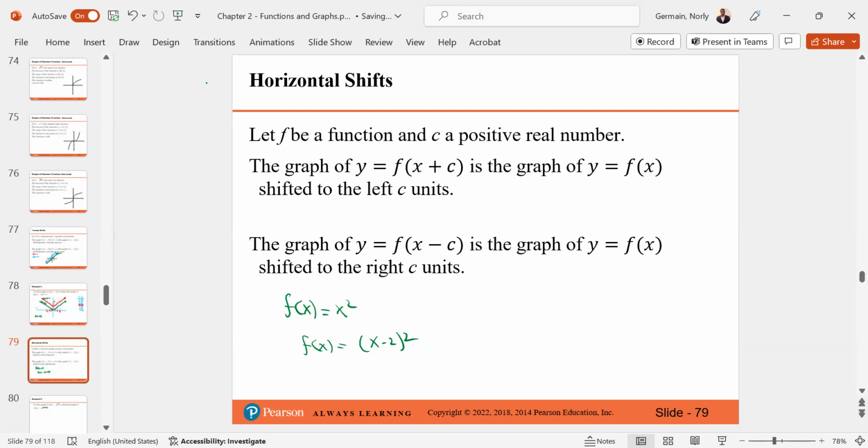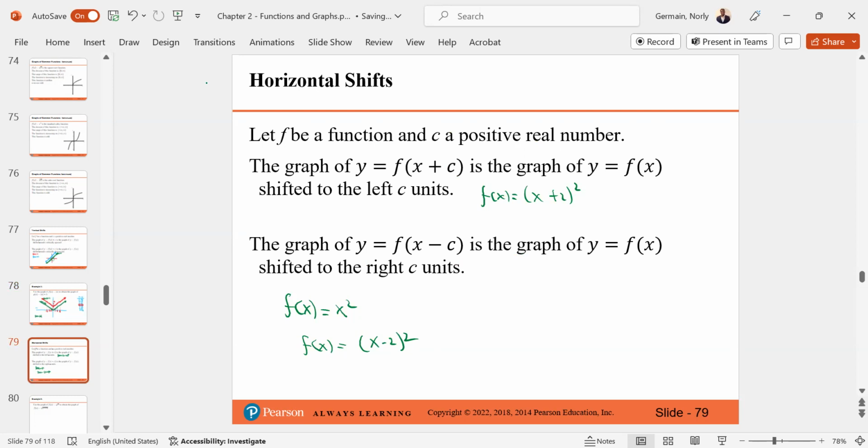The graph of y equals f of x minus c is the graph of y equals f of x shifted to the right. If it's positive, we could say f of x equals x plus 2 squared, we shift it to the left. And if it's negative, we shift it to the right.